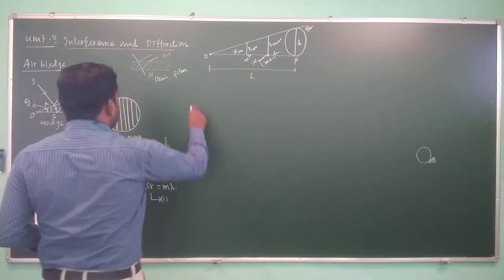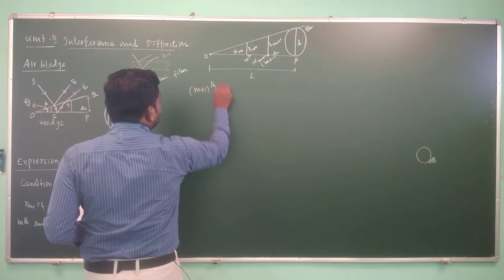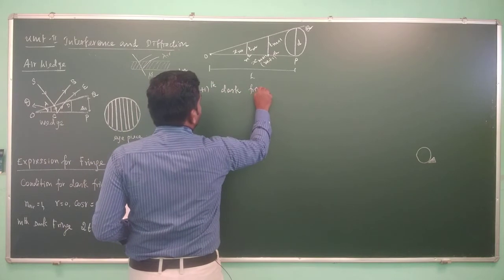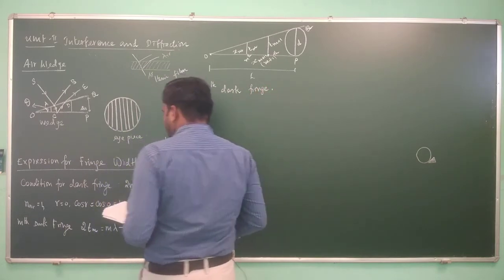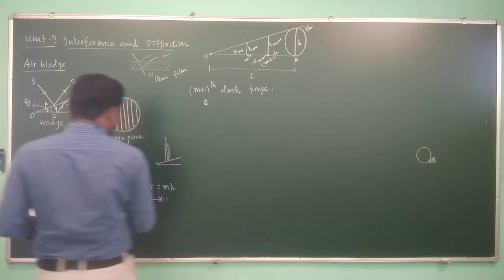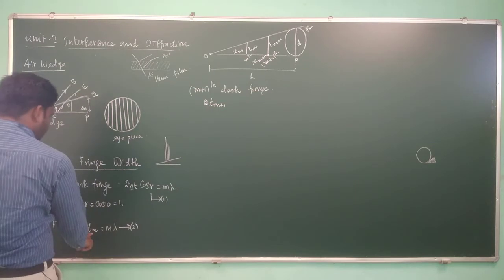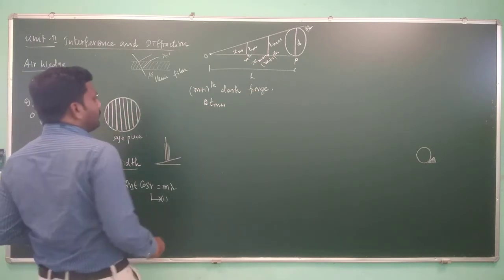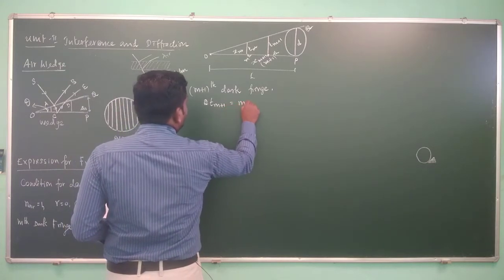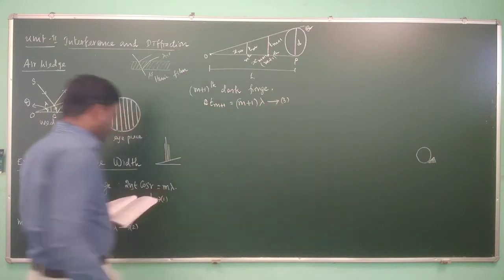Similarly, we can write the condition for the m plus 1th dark fringe. For that, with n becoming 1, we write 2 t m plus 1, which is equal to m plus 1 times lambda. This is equation number 3.